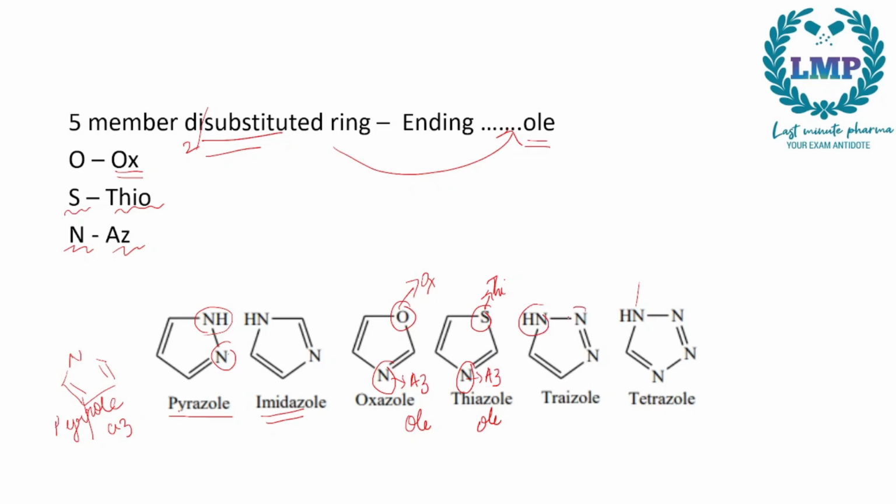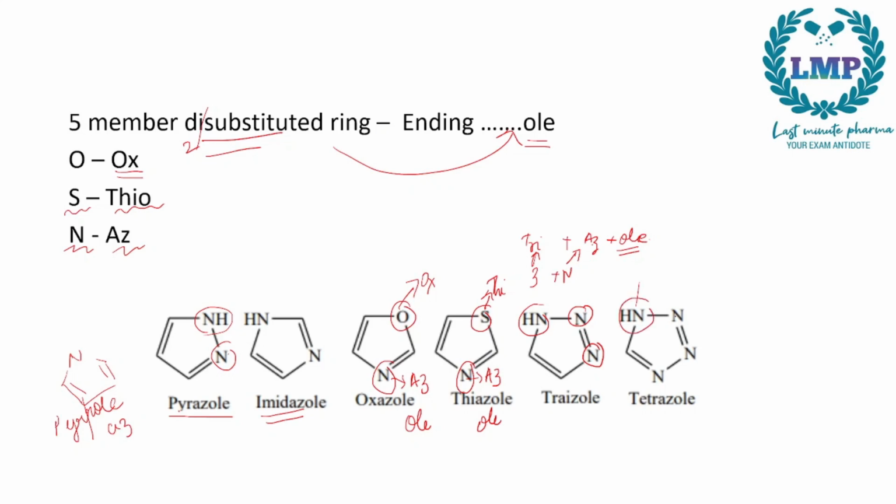If there are three nitrogens attached in a five-membered ring with two double bonds, 3 is called tri, and for nitrogens we have given the name aza, plus we have to add ole because it's a five-membered ring with two double bonds, so we will name it triazole.